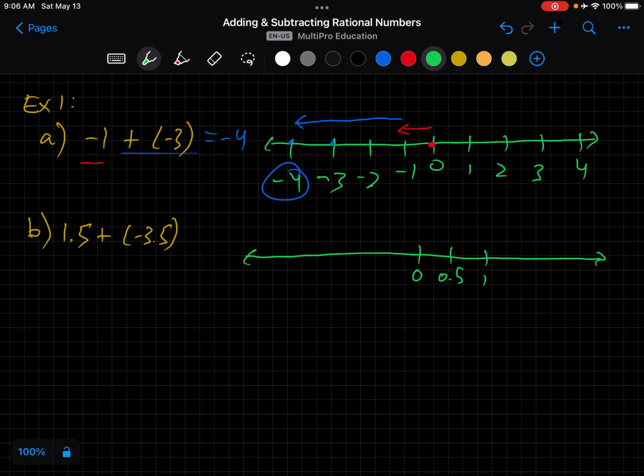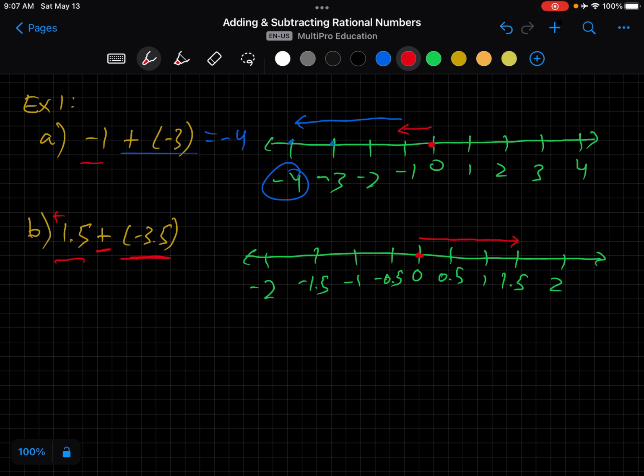We're going to have a 0, and I'm going to mark every half. Okay, so what's our first number here? We have 1.5. So we start here at 0 and we go over here to 1.5. Okay, because it's a positive 1.5, right?